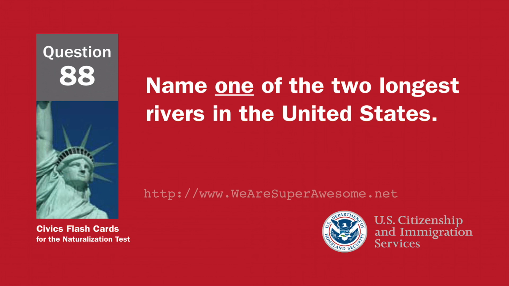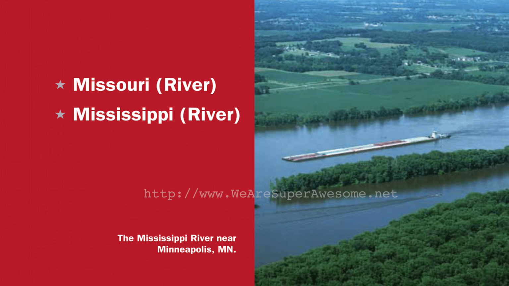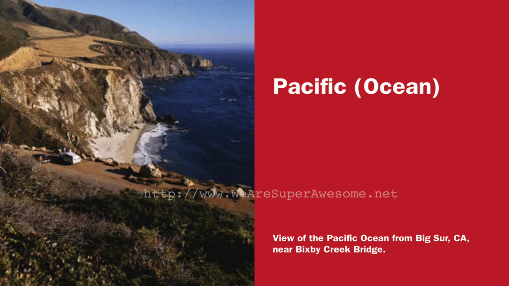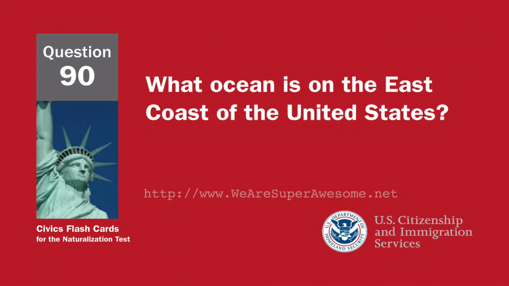Name one of the two longest rivers in the United States. Missouri River. Mississippi River. What ocean is on the west coast of the United States? Pacific Ocean. What ocean is on the east coast of the United States?